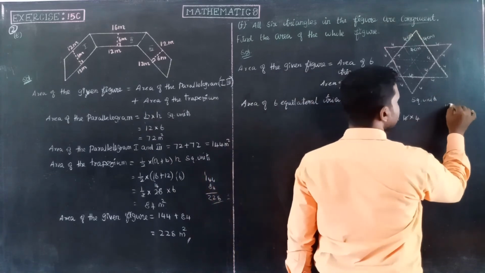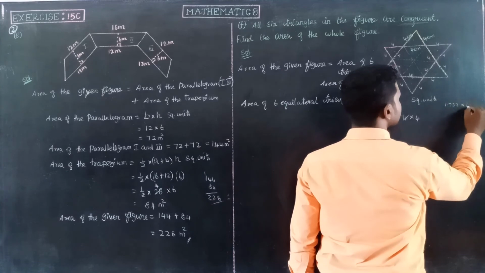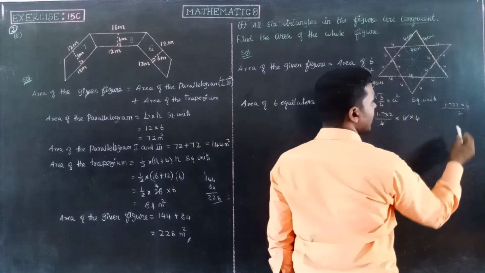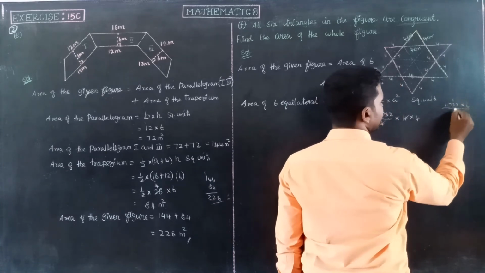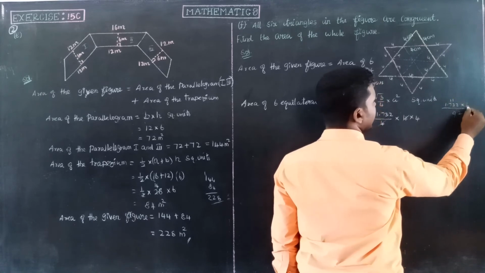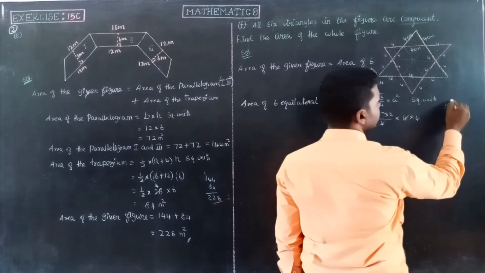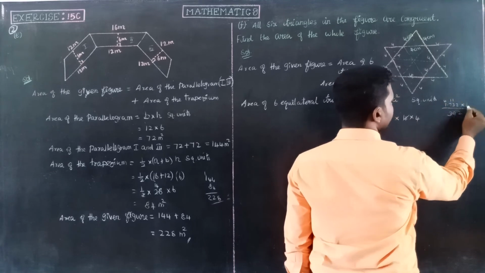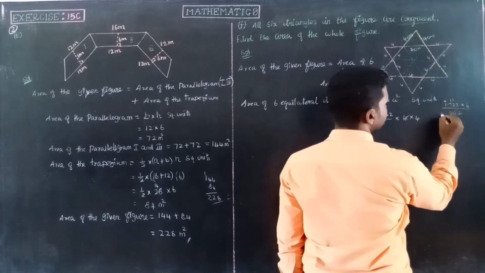So 1.732 into 6. 6 2s are 12, remaining 1. 6 3s are 18 plus 1 is 19, remaining 1. 6 7s are 42 plus 1 is 43, remaining 4. 6 1s are 6, 6 plus 4 is 10.